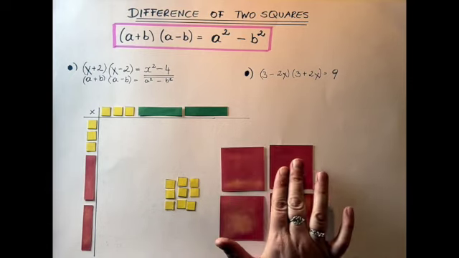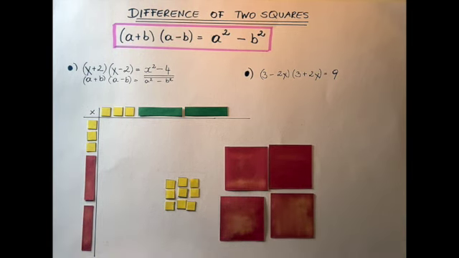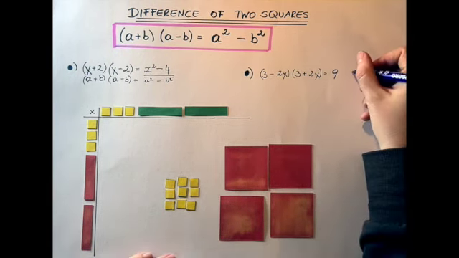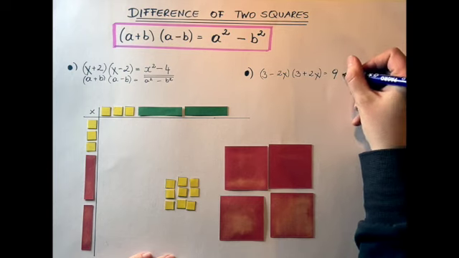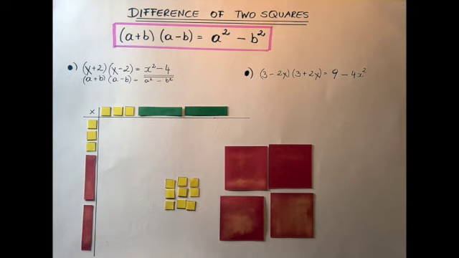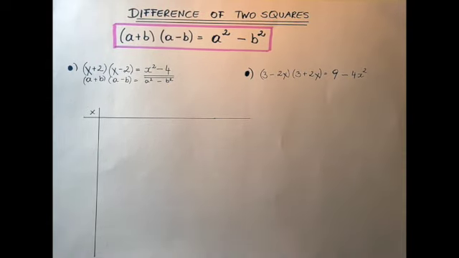So what do we have left here? We have 1, 2, 3, 4 x squared. However, these 4x squared are negative. So let's clear those tiles away and use our law that we just found here to see if we're correct.